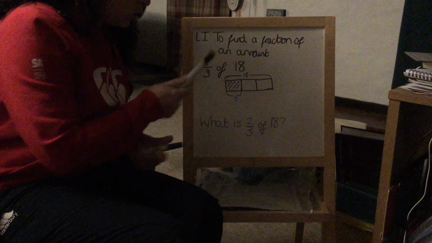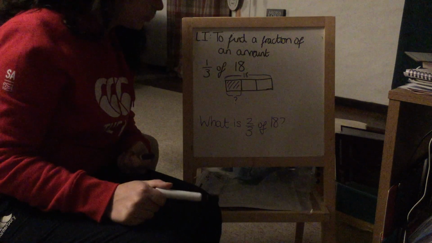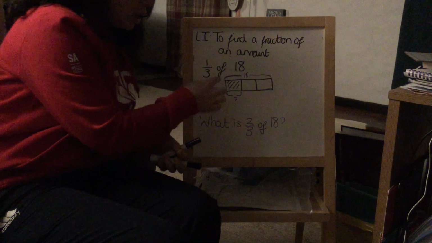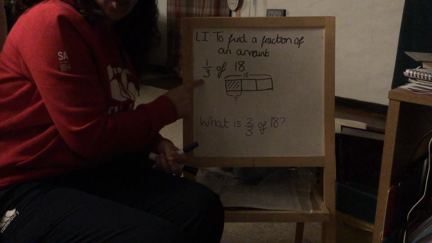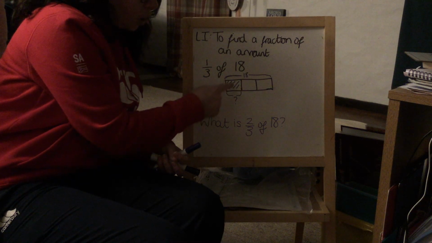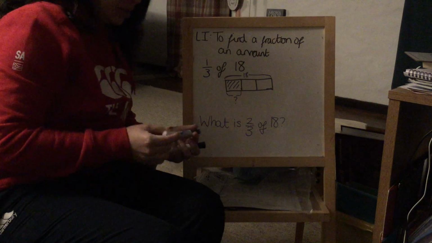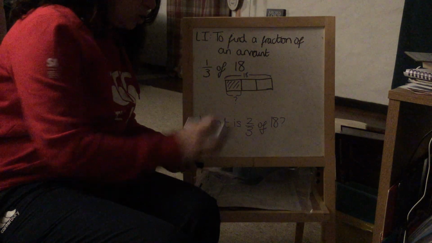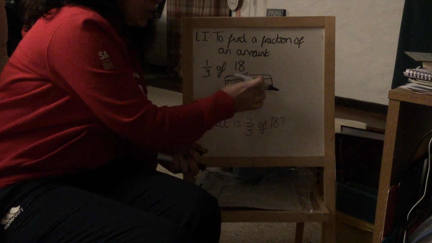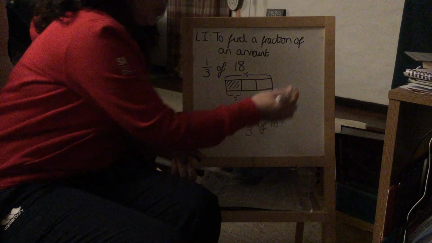So you're going to have questions like finding 1/3 of 18. I've drawn a bar model split into 3 equal parts because we're told it's a third, and we need to work out what one part of that 18 is. Now the easiest way to do this is to think, okay, this is basically 18 split into 3 equal parts.